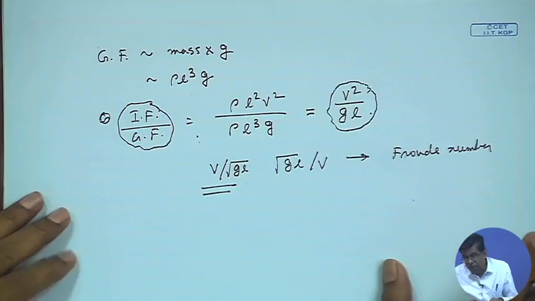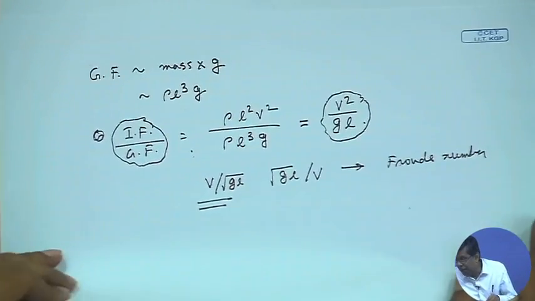So, this way, by scaling the different forces, we can find out the similarity parameters which have to be made the same for both these systems to maintain dynamic similarity, that is, the ratio of the forces at corresponding points will be the same.